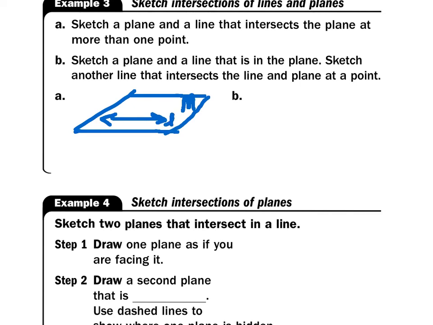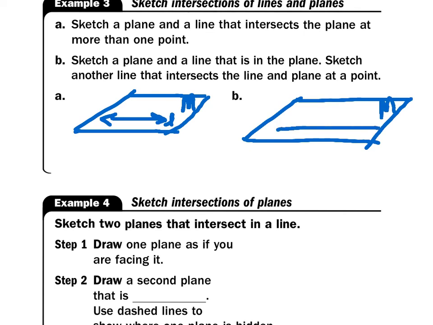Now sketch a plane and a line that is in the plane. Sketch another line that intersects the line in the plane at a point. So again, here we go. Here's plane M. Here's line L. And then we could go with another line that goes down in it.